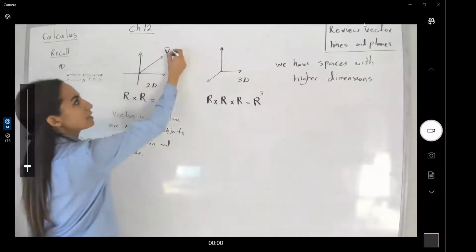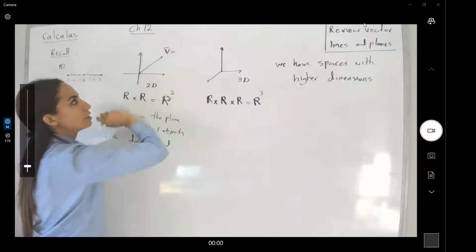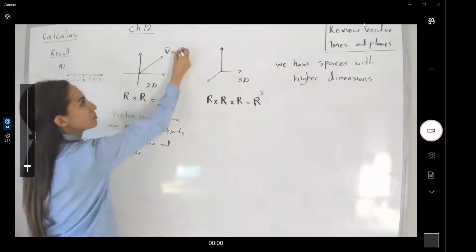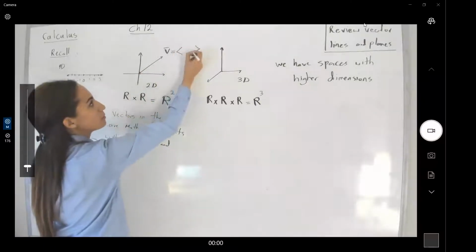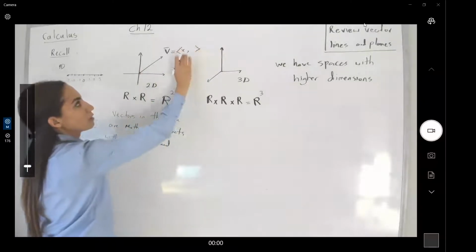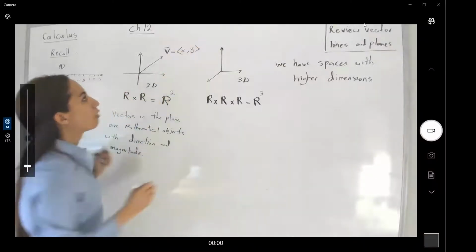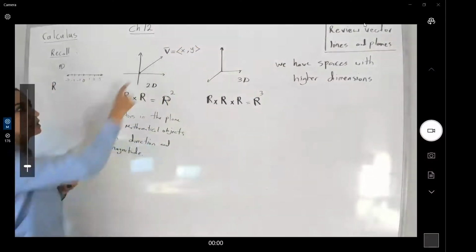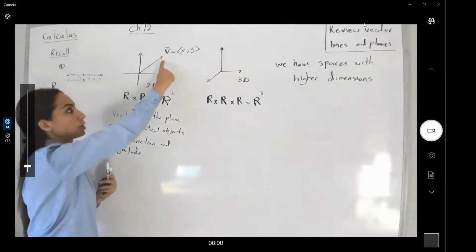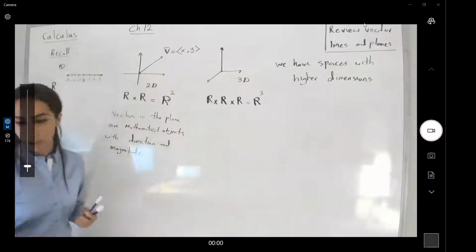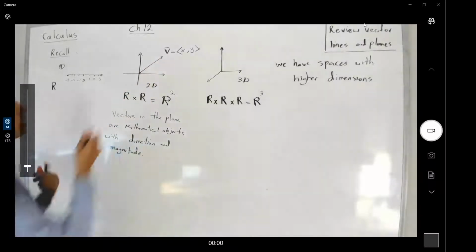So for a vector V, we use the symbol which has X coordinate and Y coordinate related to the terminal point. This terminal point is actually a point in the XY plane.